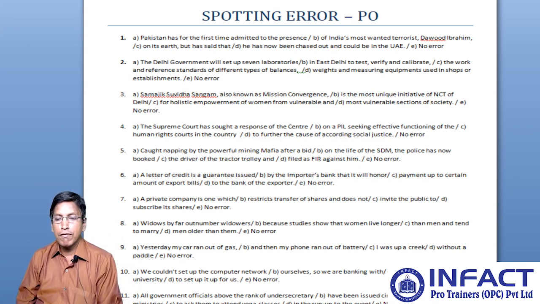Instead of using of, it can be replaced with another word. The Supreme Court has sought a response with the Centre and not of the Centre. So it should be: the Supreme Court has sought a response with the Centre on a PIL seeking effective functioning of the human rights courts in the country. Now let us move to the fifth question.